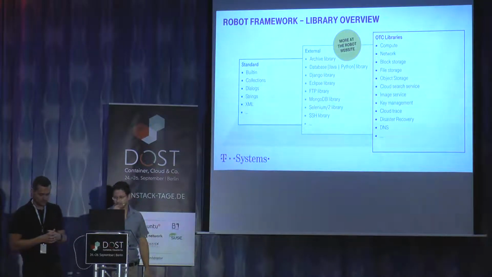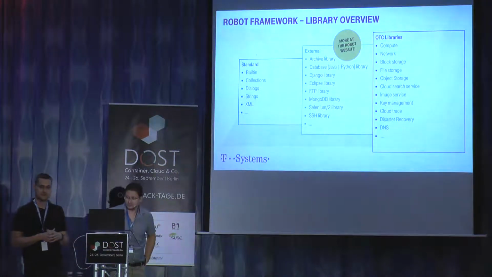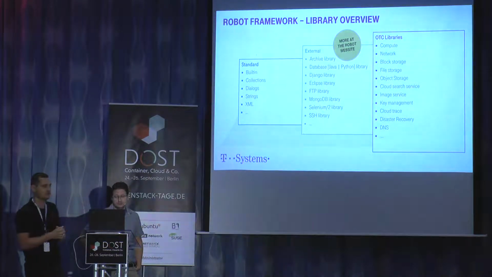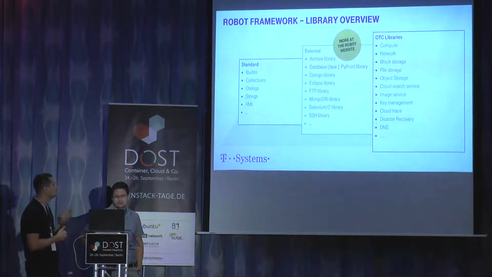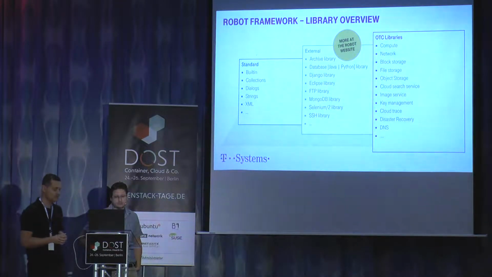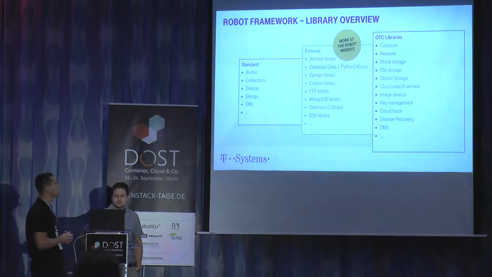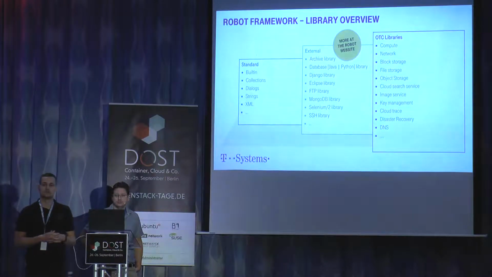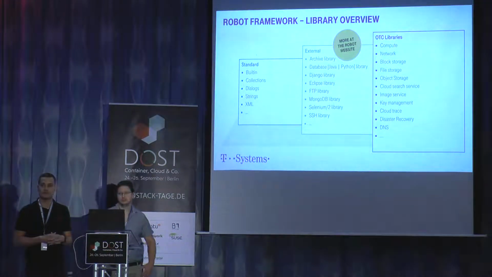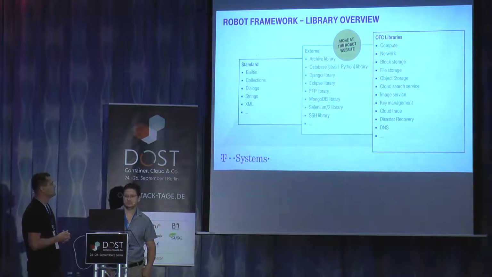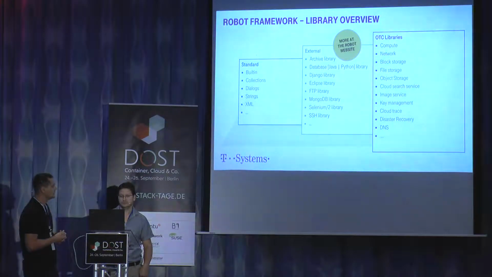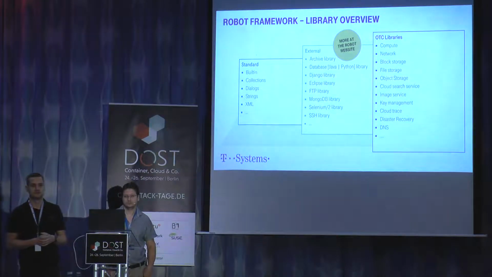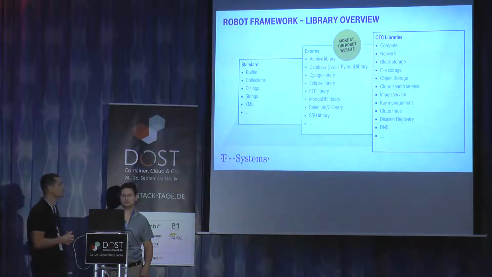The library overview. Robot Framework comes with a solid base of standard libraries. As we've just seen, we used the String library, one of the standard libraries. Then it can be extended, and there are quite a lot of external libraries. Those are third-party libraries, most of them open source. We personally use extensively the SSH library, where we can connect to the end virtual machine and check the configuration.